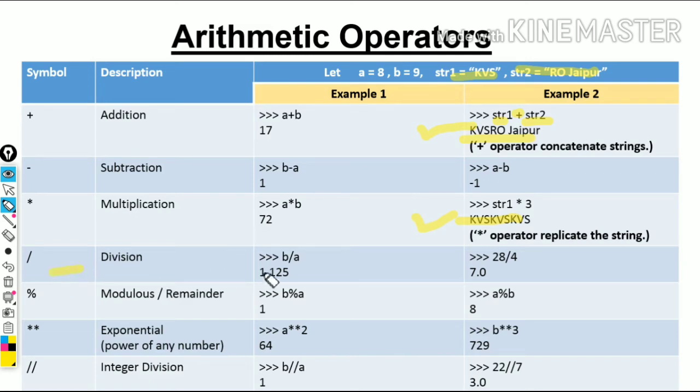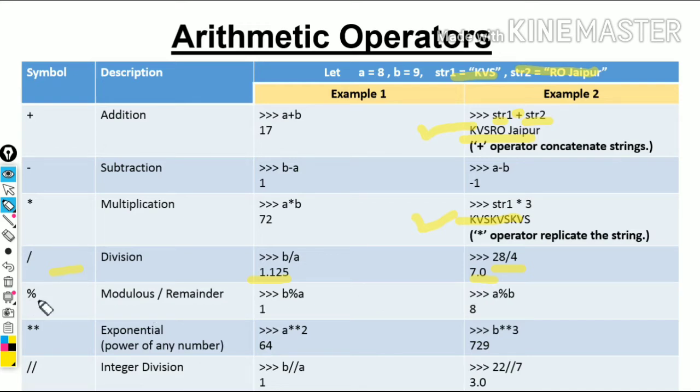Division: b divided by a gives the result as the division of b by a. In the same manner we can apply the division operator on values instead of variables.